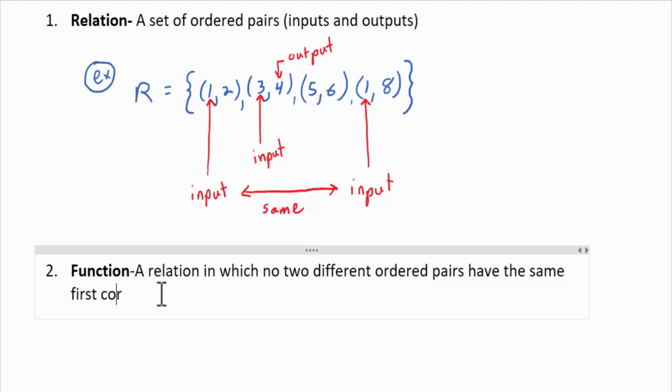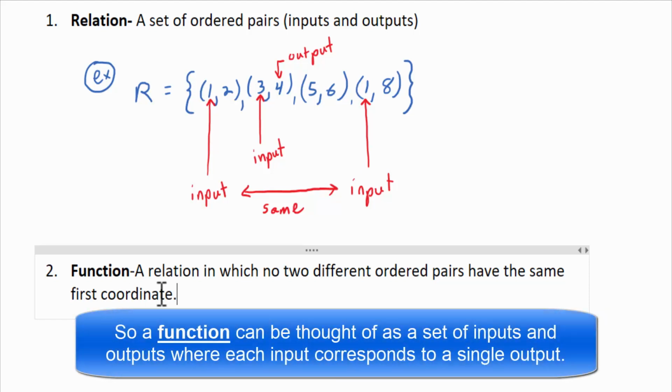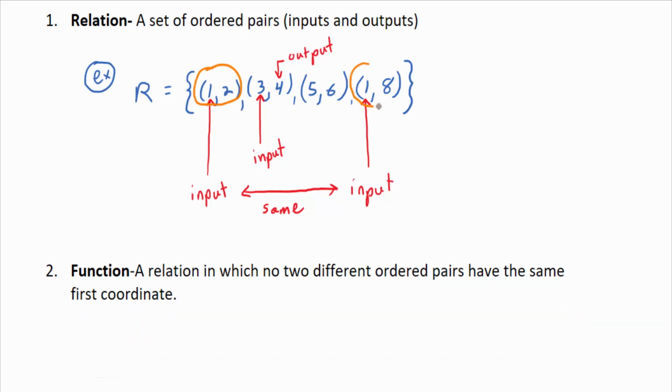Remember, first coordinates are inputs. So obviously R is not a function, right? Because you have 2 different ordered pairs with the same input, with the same first coordinate, not a function. Does everybody see why?